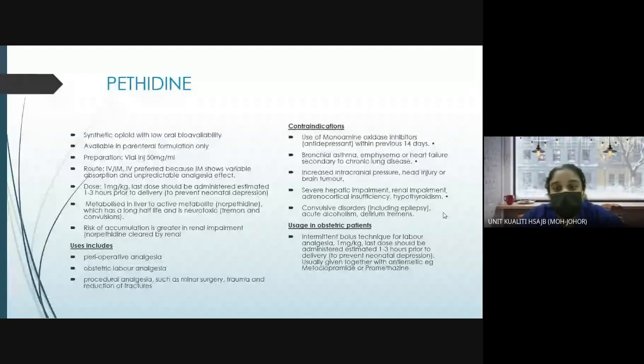Contraindications: if patients are on antidepressants within the previous 14 days, bronchial asthma, increased intracranial pressure, head injury or brain injury, severe hepatic impairment, and convulsive disorders. Usage in obstetric patients is given by an intermittent bolus technique for labor analgesia, 1 mg per kg. The last dose should be administered an estimated 1 to 3 hours prior to delivery, and usually given together with an antiemetic such as metoclopramide or promethazine.